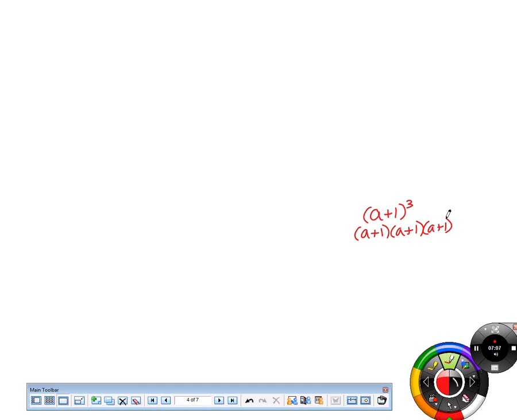It's not just like cubing the a and cubing the 1, okay? Because first we have to multiply these two together using the process of FOIL, right? Or distribution, however you guys think about it. So what you get when you do that and combine like terms is you end up getting this.